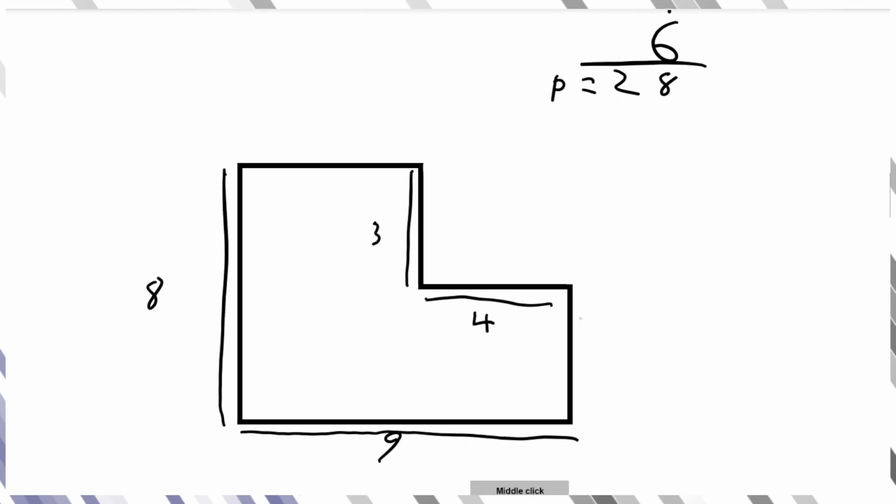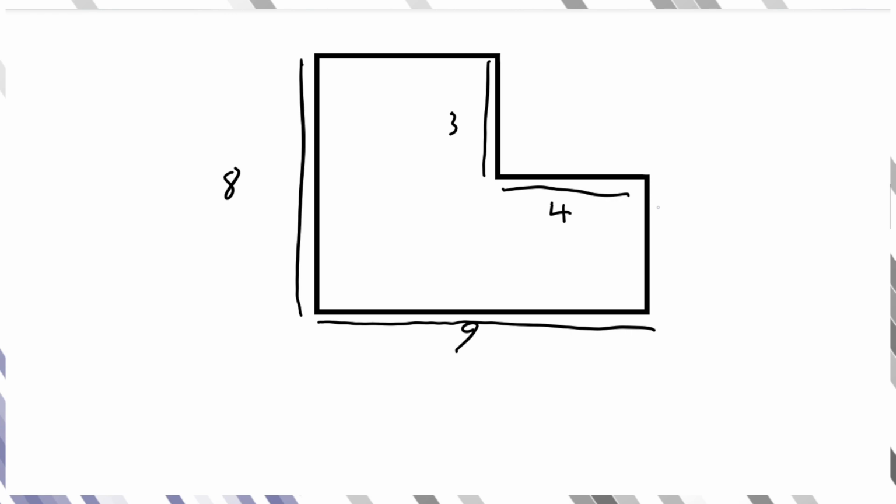Let's try another example. Let's say the perimeter of this, first of all, so if we go down the left and across the bottom, that's 8 and 9, that's 17. And then up here is going to be 8 take away 3, so that's 5. And then along there is 4, and up there is 3, so that's another 7. And then along the top is, we don't know that one, so we need to figure it out.